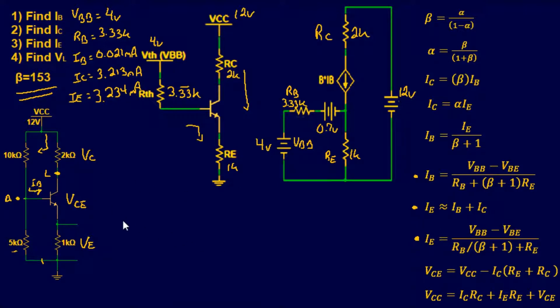So if we want to actually find the voltage right there, if we took a meter between there and ground, what are we going to get? Well, VE plus VCE is going to get what we want for our load. Well, voltage at our emitter is pretty easy because we have our current, we have our resistance, so then we know our voltage right there. What we don't have is VCE, but we have all these other guys.